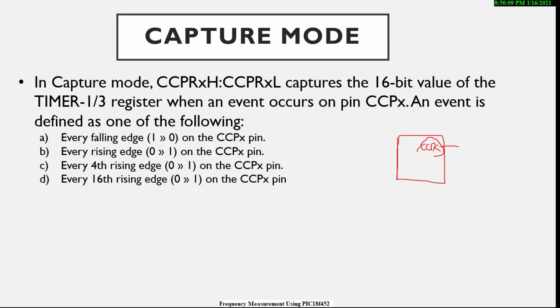Now we will configure a timer, Timer 1 or Timer 3, for this purpose and apply a pulse to the CCP pin of the microcontroller. When the CCP module is working in capture mode, it will capture the timer contents when the nth falling or rising edge occurs. So we will get the timer counts when this rising or falling edge occurs. This is the purpose of capture mode of the PIC microcontroller.